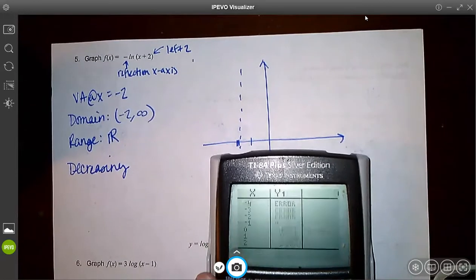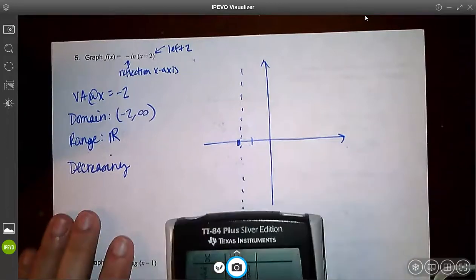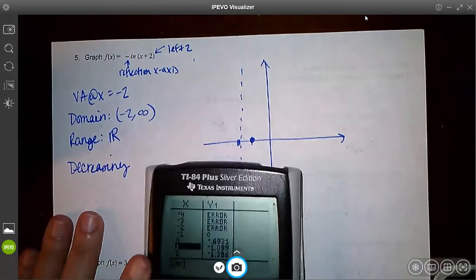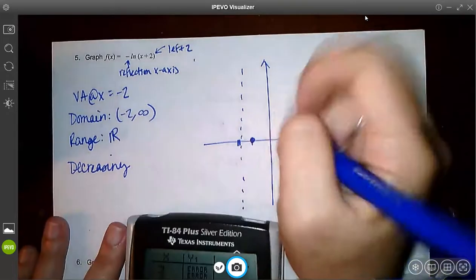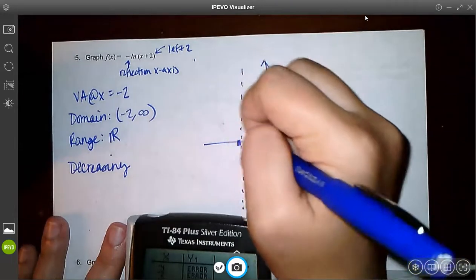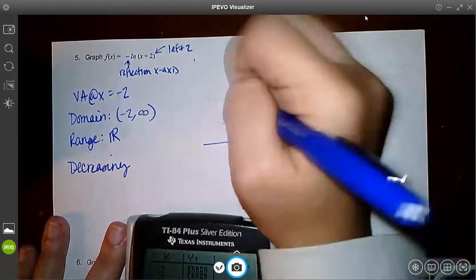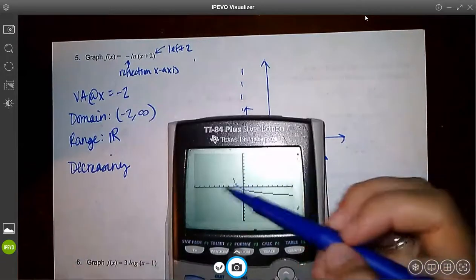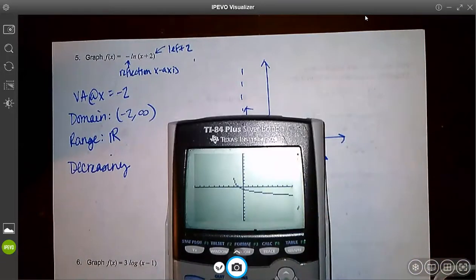In my table, I have the point -1, 0, and 0, negative almost 0.7. And it's going to go like this. This does keep going, despite what the graph says. Your graph is not as accurate. There are only so many pixels it can show, so it's hard for it to show that it is getting closer and closer, because it gets there so quickly.